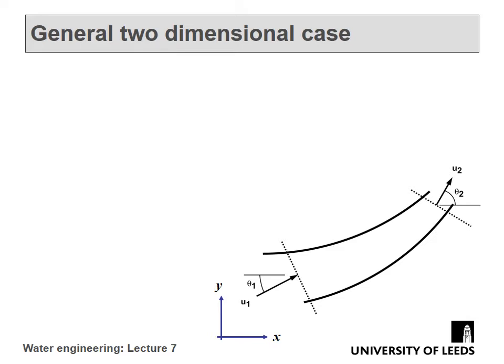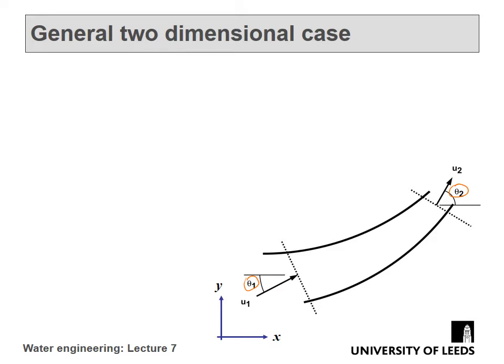Now that equation that I showed you with u2 minus u1 needs to take into account the velocity direction. So let's look at applying it in a two-dimensional case where we can take in velocity directions. I've drawn a flow around a bend here, and we've got the angle theta 1 going in, and angle theta 2 going out.